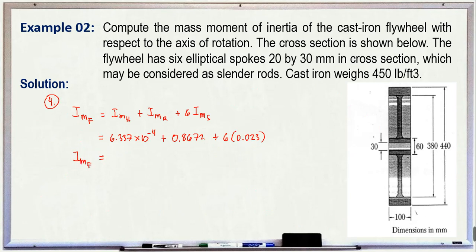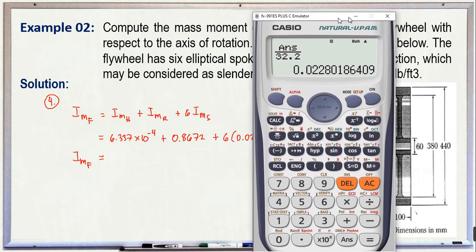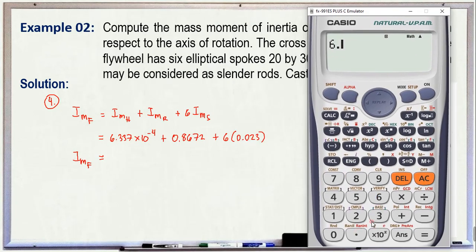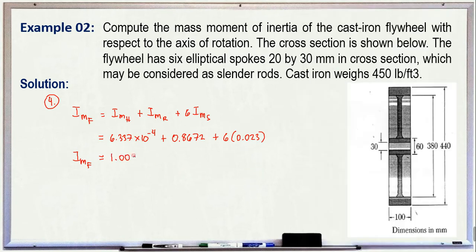Therefore, the mass moment of inertia of the flywheel is almost 1.006 pound-foot second squared.